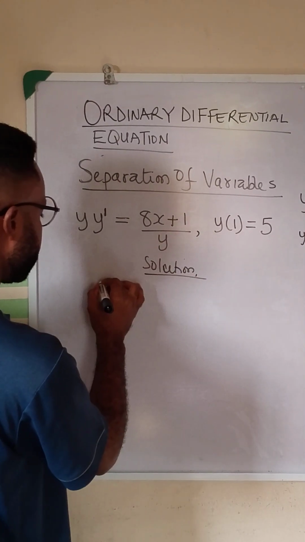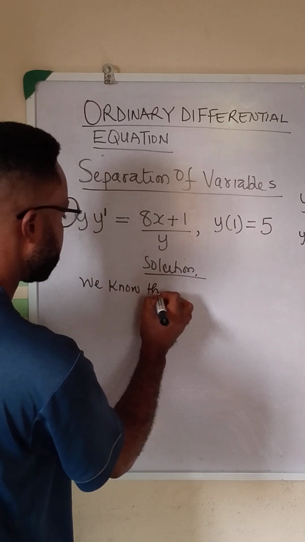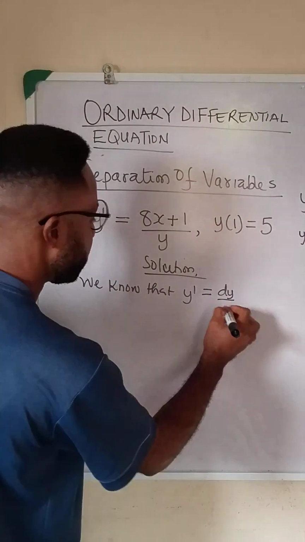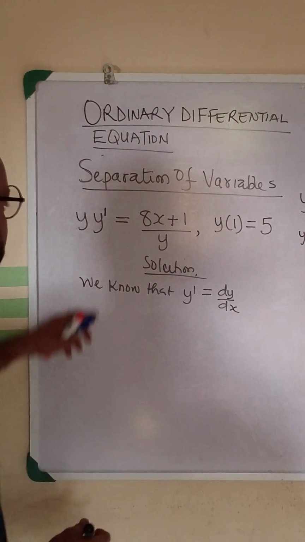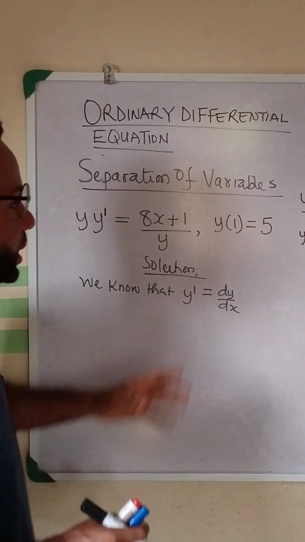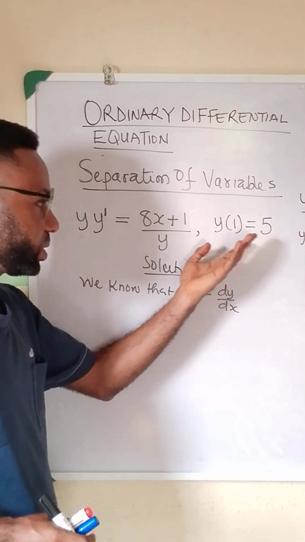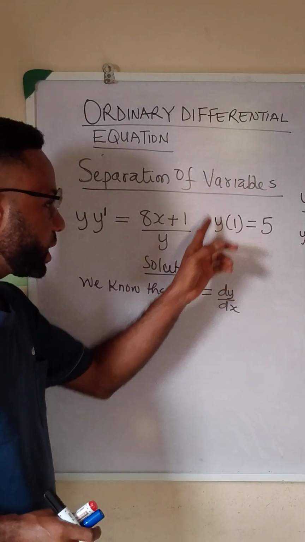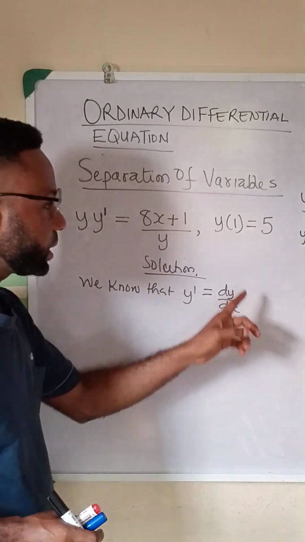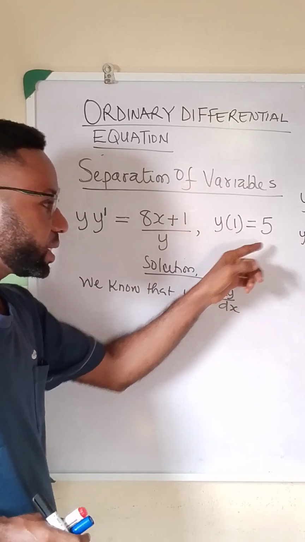So we know that y prime is the same thing as dy/dx. So we are going to substitute it into this, and then we write out the equation. And again, note we've been given a boundary condition or initial condition, and we have y(1) = 5. What this implies is that the value of y is 5 and the value of x is 1.